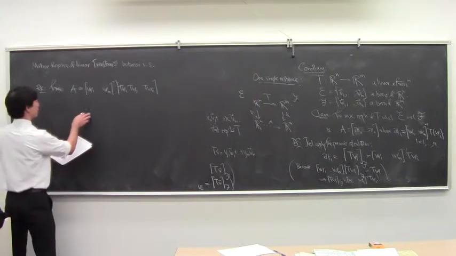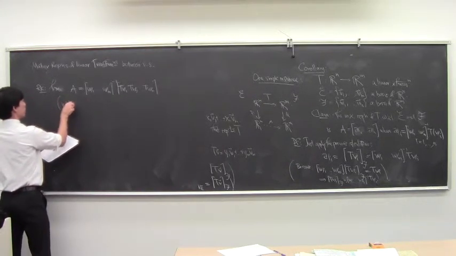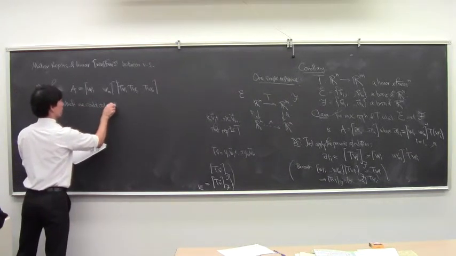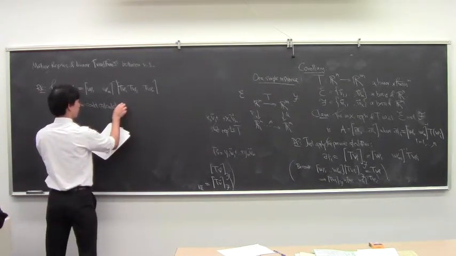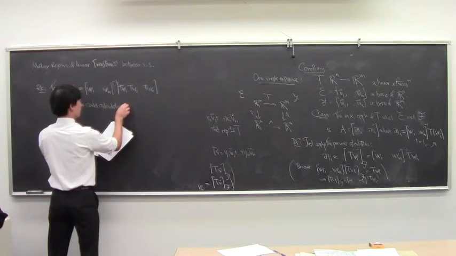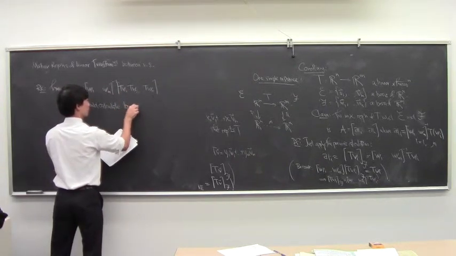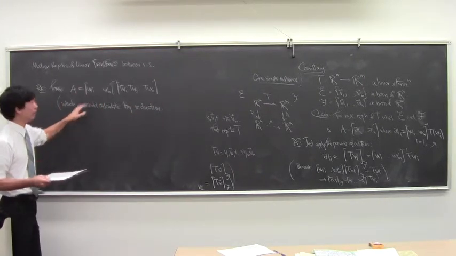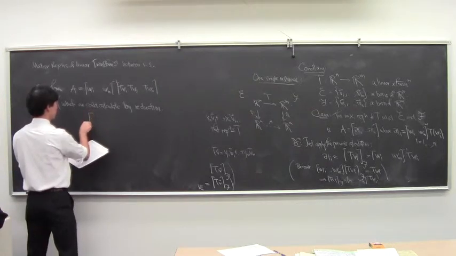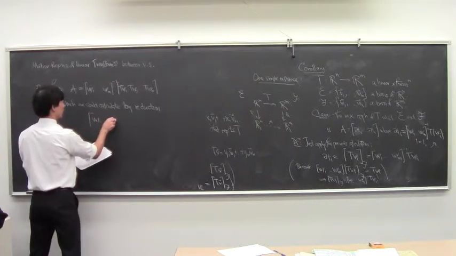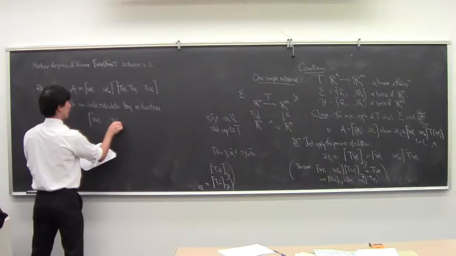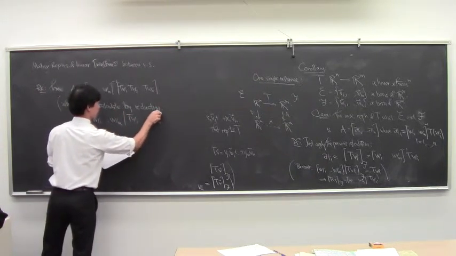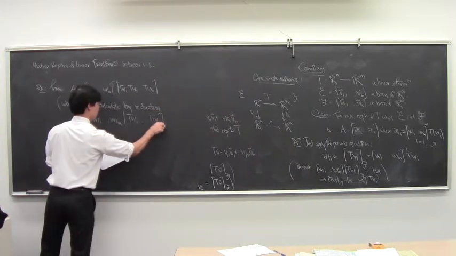So, which one could calculate by reduction? Right. If somebody asked you to figure out what this was, what you could do is put all the w's on one side, and then the TVI's on the other side, right?